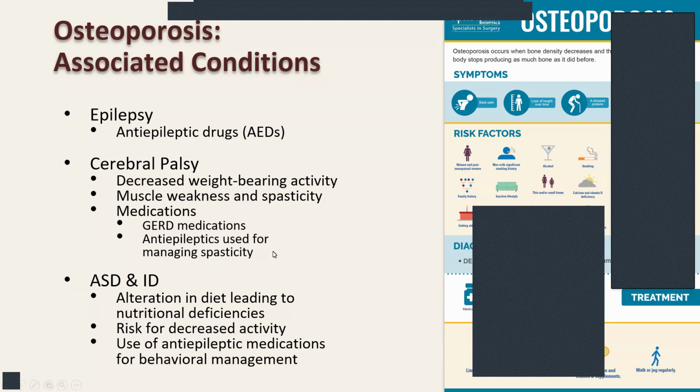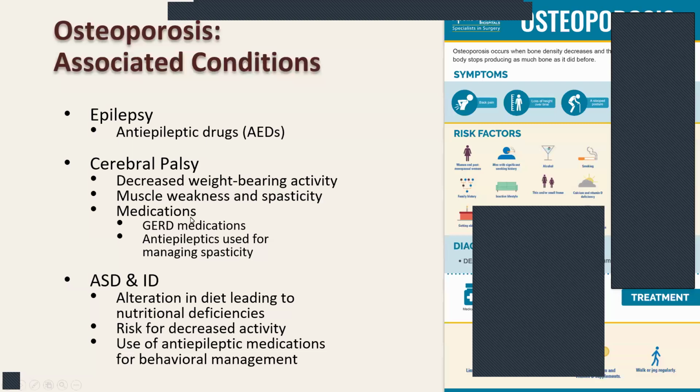And then, as I mentioned again, the medications, the AEDs, and also some GERD medications, like the PPIs, which are Prilosec, Protonix, Nexium. Those medications can also lead to osteoporosis, and they're not really sure about the mechanism of action for that. They suspect that it interferes with the body's ability to absorb calcium.